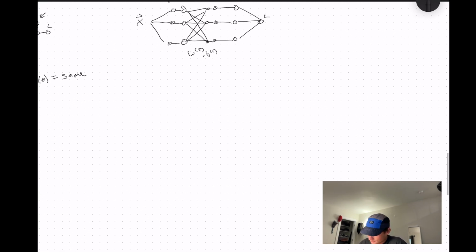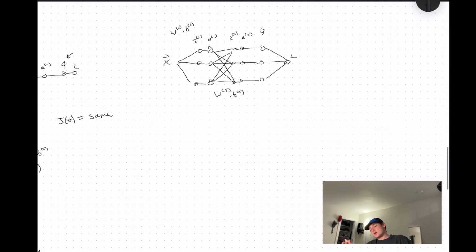Okay. So now we're on neural networks. So now we have learned vector notation. We've learned matrix notation. We have learned logistic regression, which is just linear regression with the sigmoid, and then we learned softmax, which is just logistic regression, but you have multiple outputs, meaning you have a new type of sigmoid, which is softmax, and then you have a new type of loss, which is cross entropy, instead of binary cross entropy.